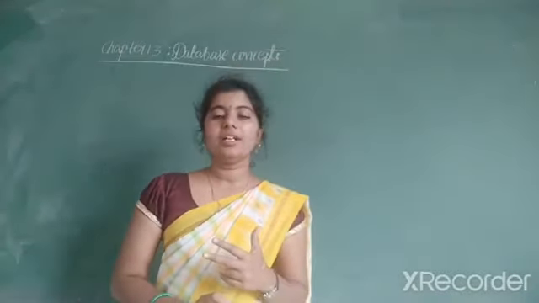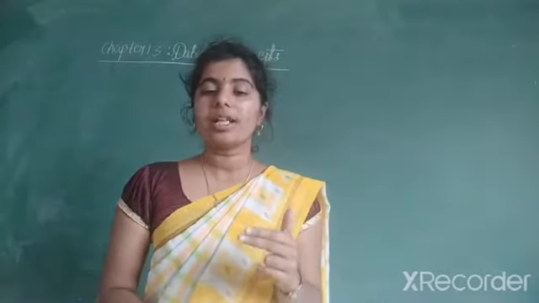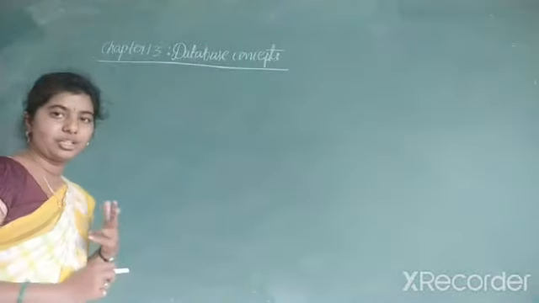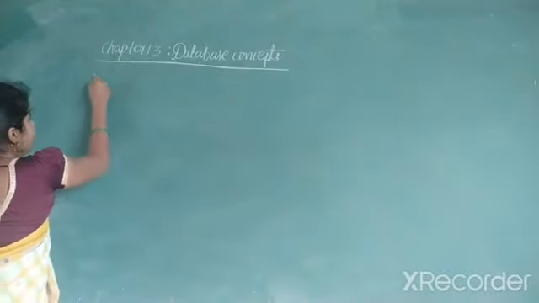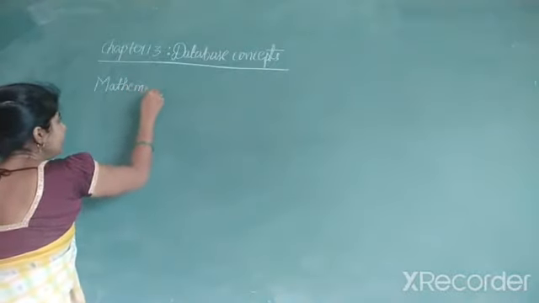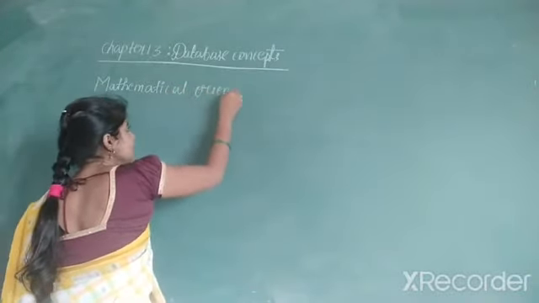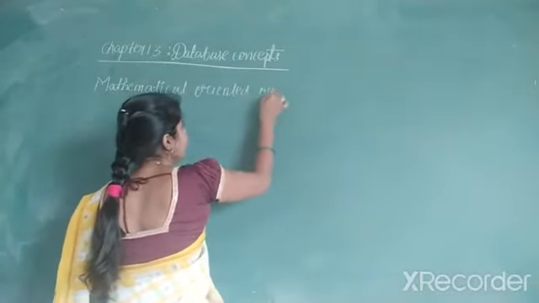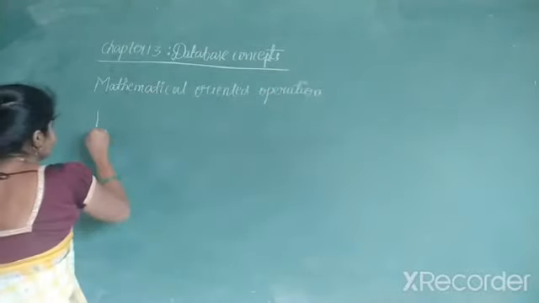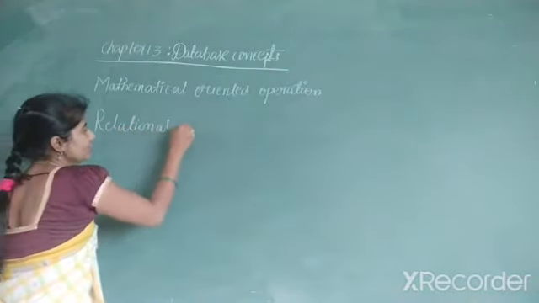And apart from that, we also discussed the operations that are used for the retrieval purpose, and that concept is again classified into two types. The first one is called mathematical oriented operations, and the second is called relational oriented operations.